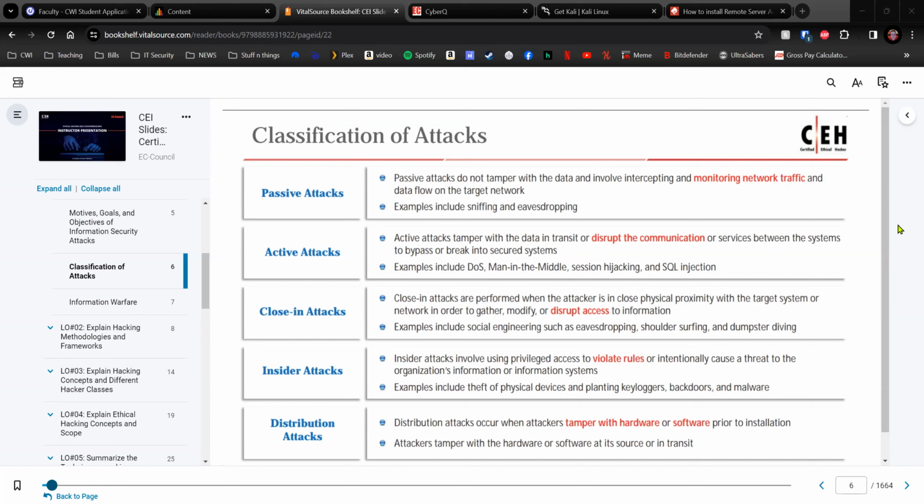Distribution attacks occur when attackers tamper with hardware or software prior to installation. Attackers tamper with the hardware or software at its source or installation. I don't know if any of you remember, I can't tell you the exact date, but there was an issue, I want to say it was Lenovo. They actually had someone get in and pre-install malware on their hardware before it was shipped out.